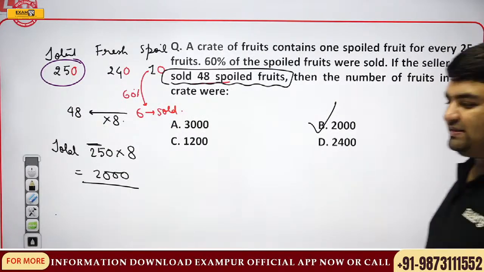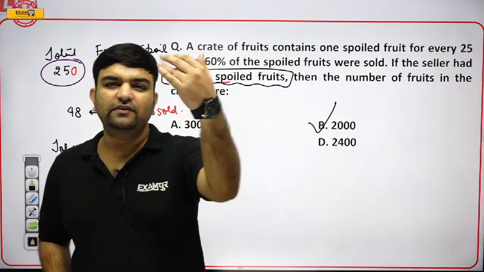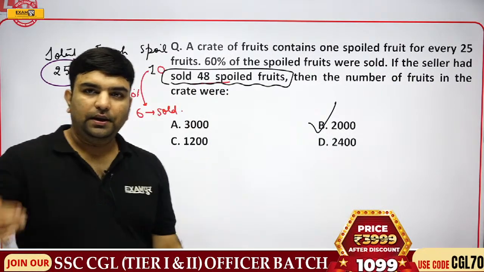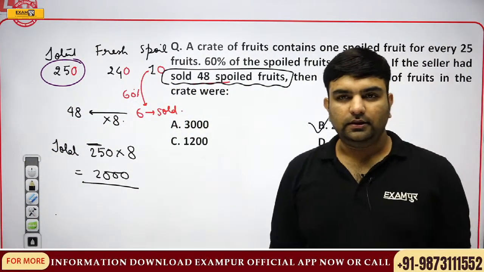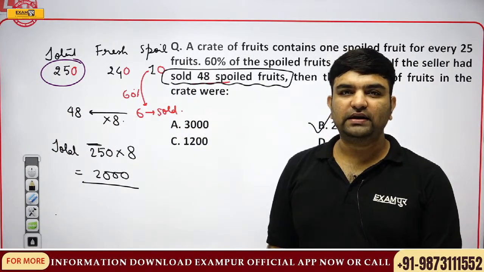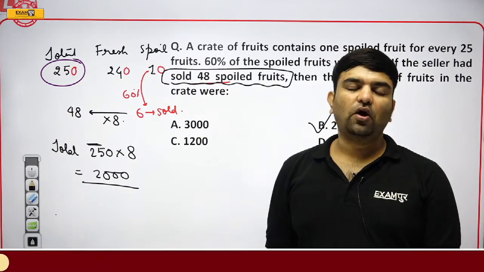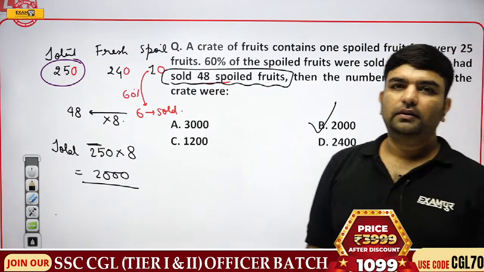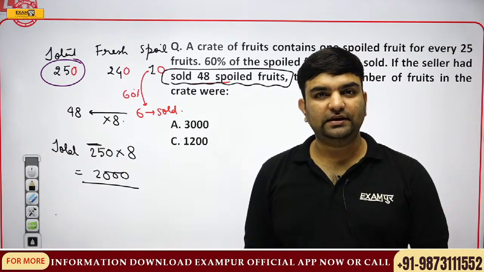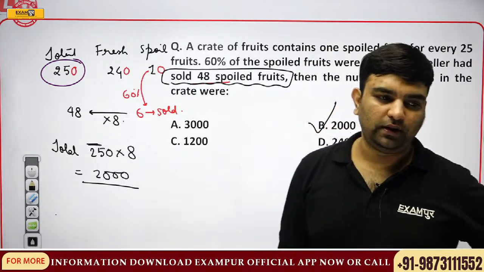Okay, so basically, guys, it was even one step less. It is not even bothering about the remaining fruits. Directly giving that 16% are sold and that are equal to 48.